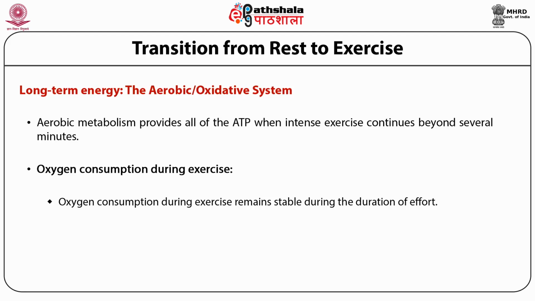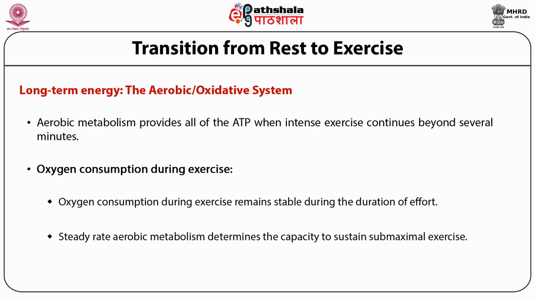Here, any lactate produced either oxidizes or reconverts to glucose. Steady rate aerobic metabolism determines the capacity to sustain submaximal exercise. Individuals possess many steady rate levels of exercise, from sitting and watching TV to gardening for 30 minutes.